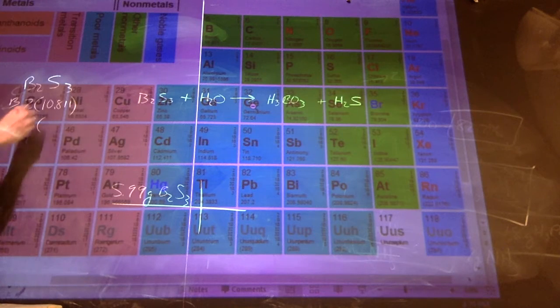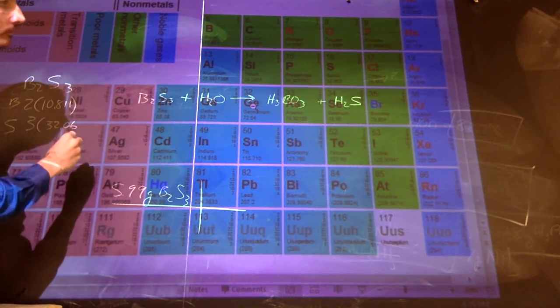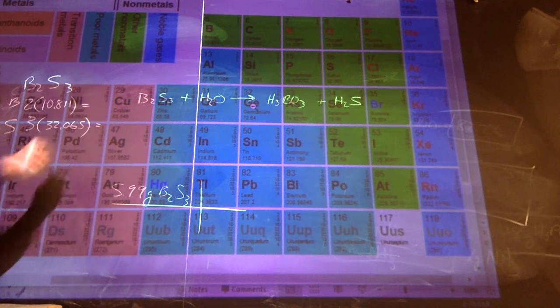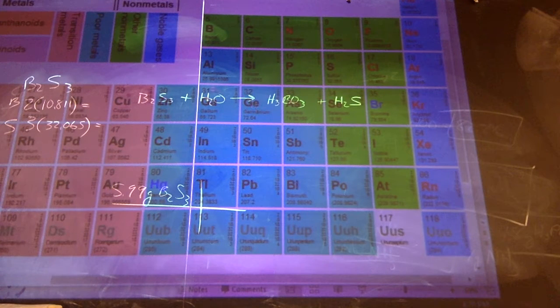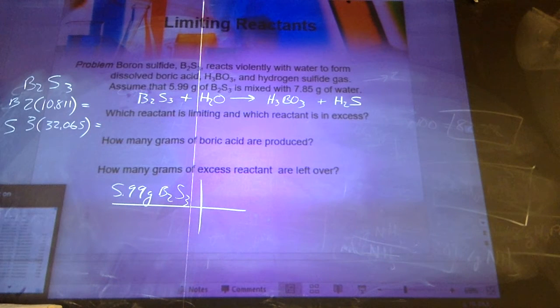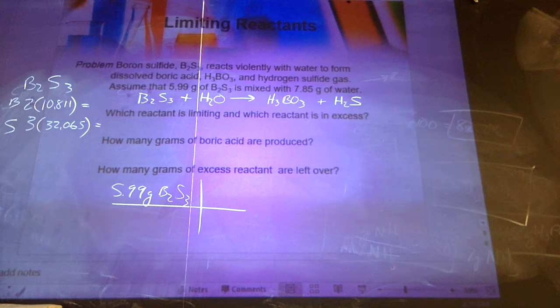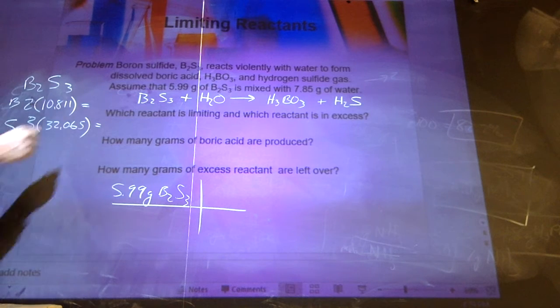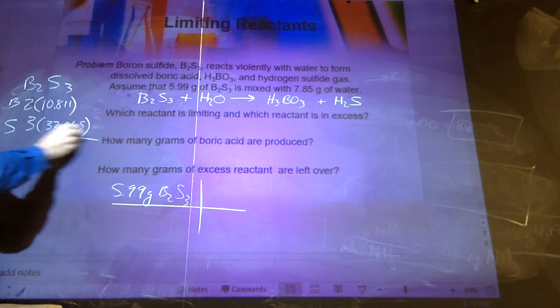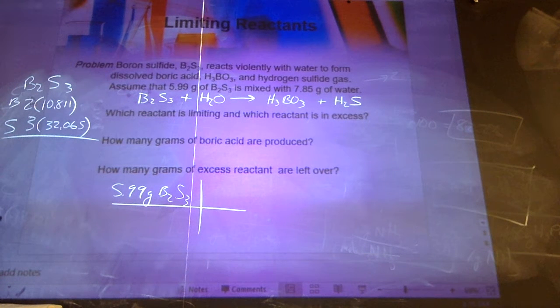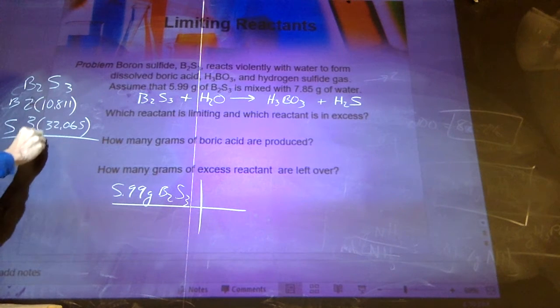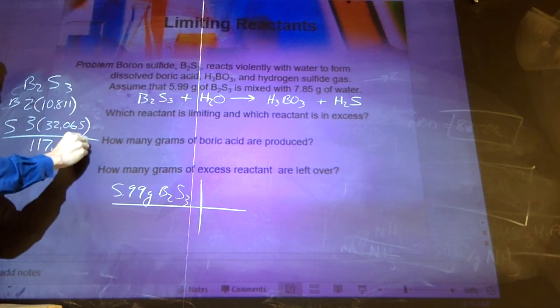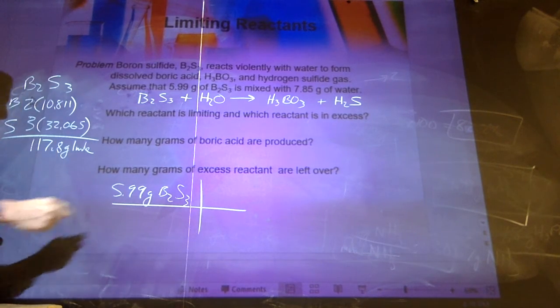Sulfur is 32.06. So you get 117.8 grams per mole, so I'll put that here.